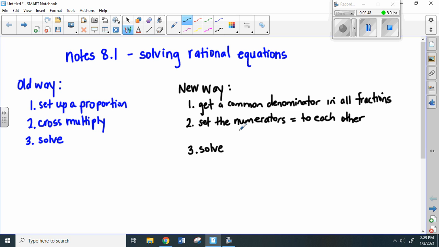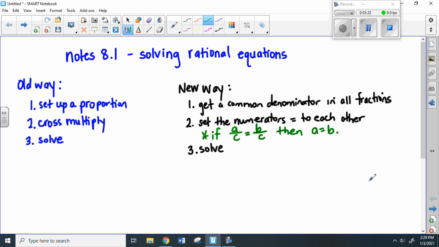The reason you can do that is because there's a property that says if, let's say, A divided by C equals B divided by C, so if we have two fractions that are equal, and we know that the bottoms are the same, then the tops must be equal.